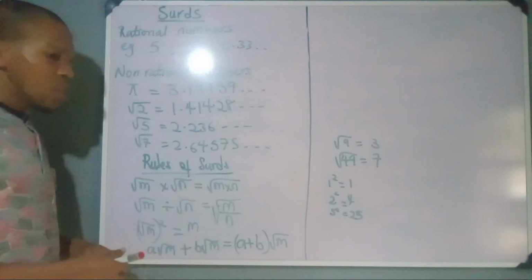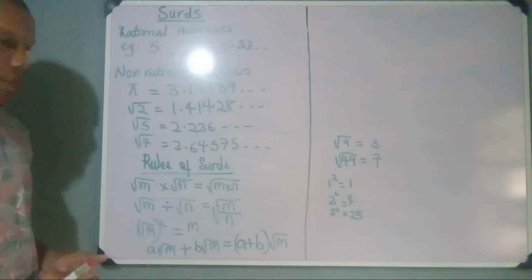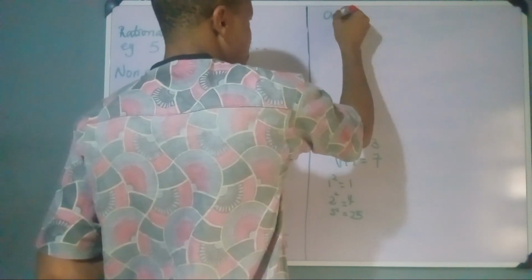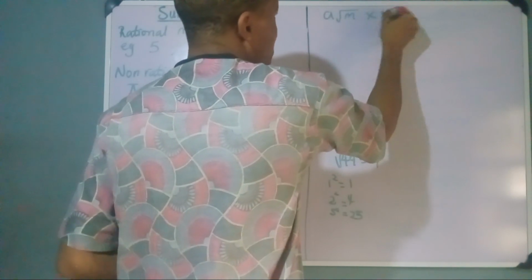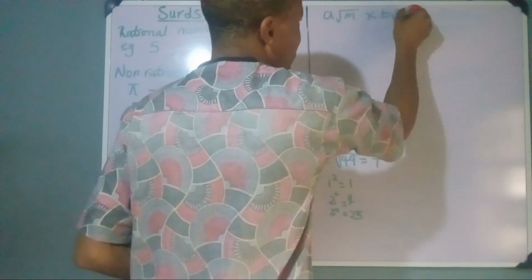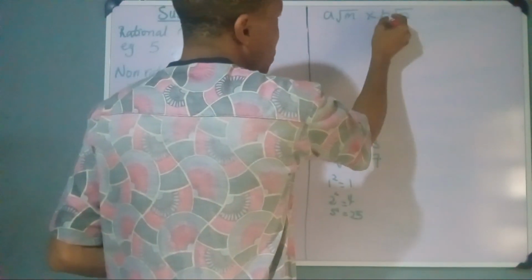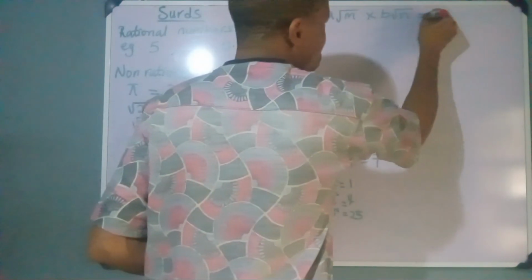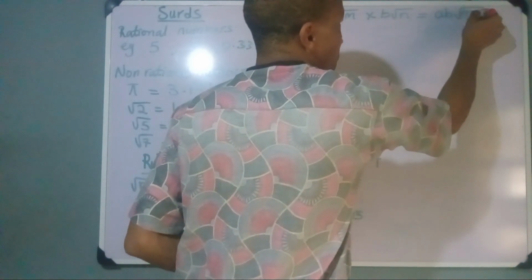These are some of the basic rules. As we proceed, I will let you know of other rules that can be applied. For instance, if I have something like a root m times b root n, we can actually multiply this. I'll use a to multiply b and use this surd to multiply this surd, which will be equal to ab root mn.